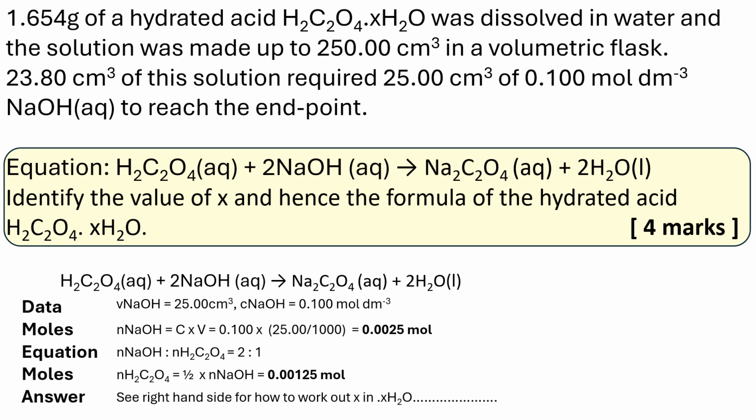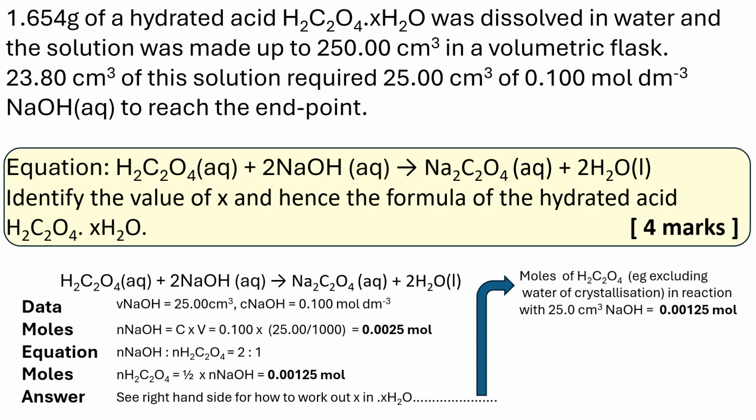Now on the right hand side of the screen, I'm going to take this further to show you how you can work out the value for x in xH2O. As we've established, the moles of H2C2O4, excluding the water of crystallization for the moment, because that didn't react in the titration, it's just the acid itself that did, is 0.00125 moles.